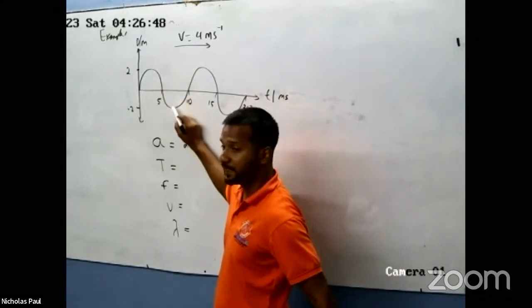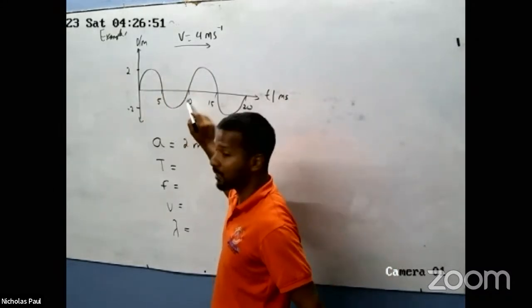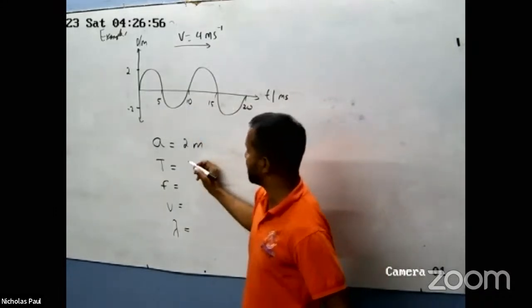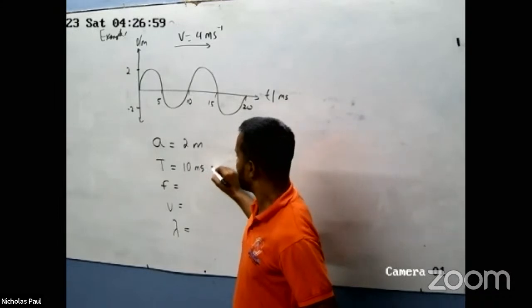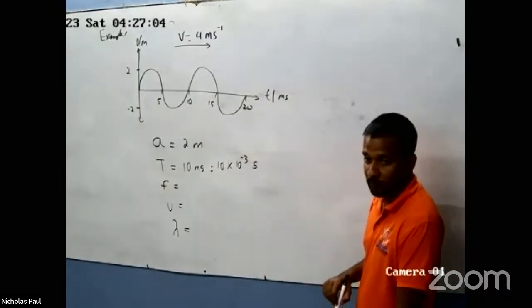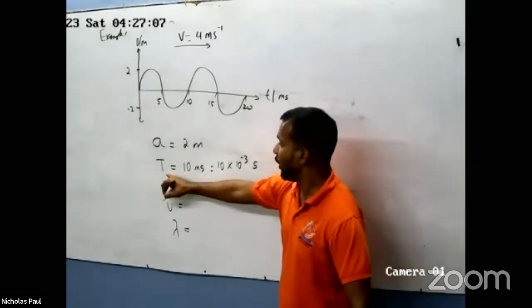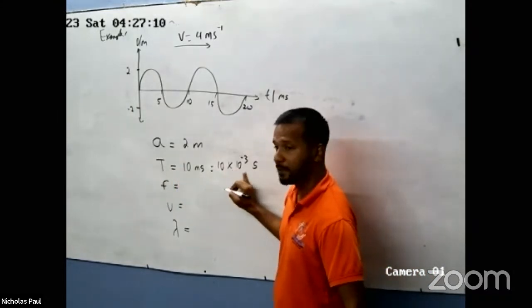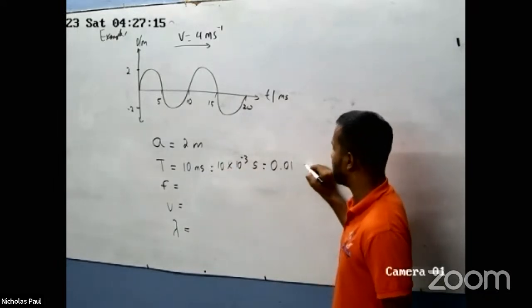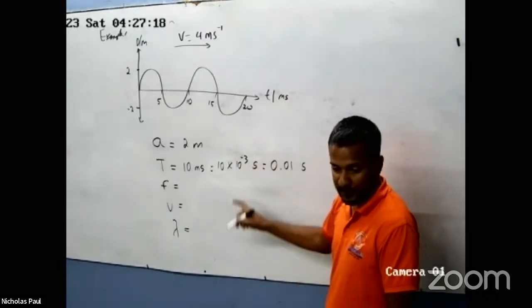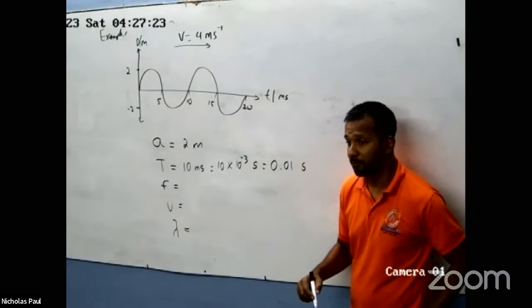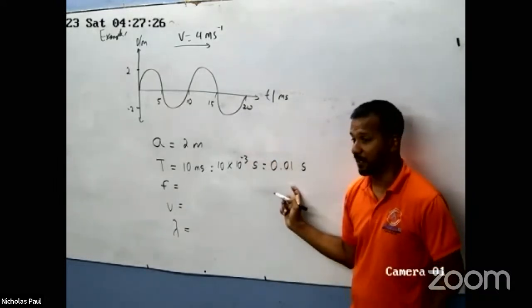So one cycle takes how long? 10 seconds, right? But sorry, 10 what? Right, 10 milliseconds. So that is 10 by 10 to the minus 3 seconds, or 0.01 seconds. Better to work with it like this. So it's not 10 seconds, it's 10 milliseconds.